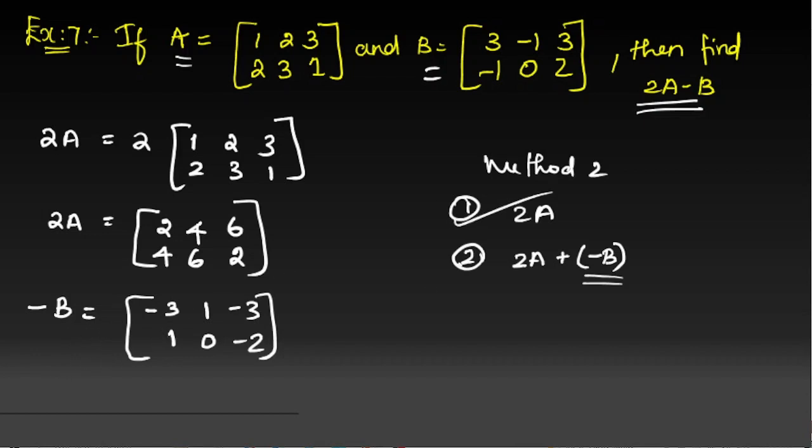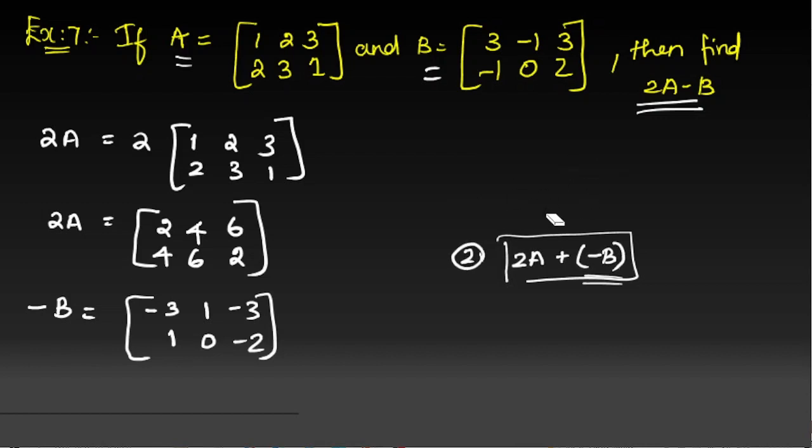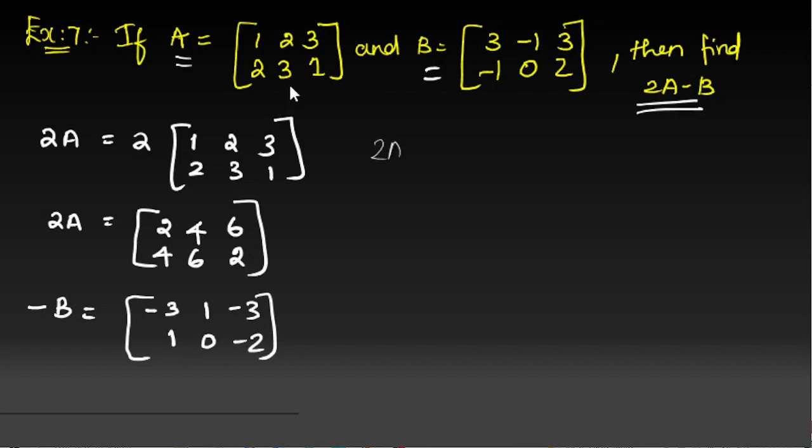Now you have completed finding 2A and minus B. Now you have to substitute these values into 2A plus of minus B. 2A is this value, and minus B is this value.